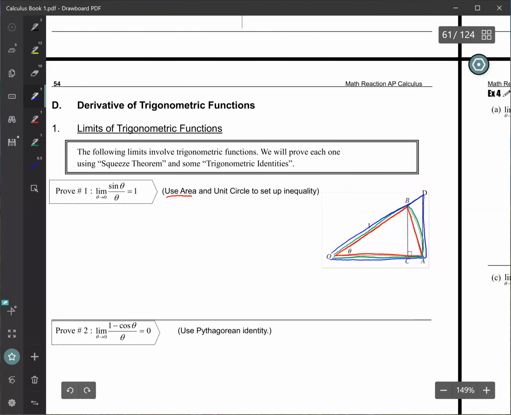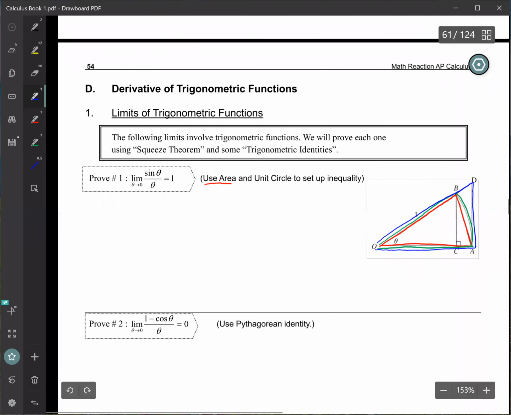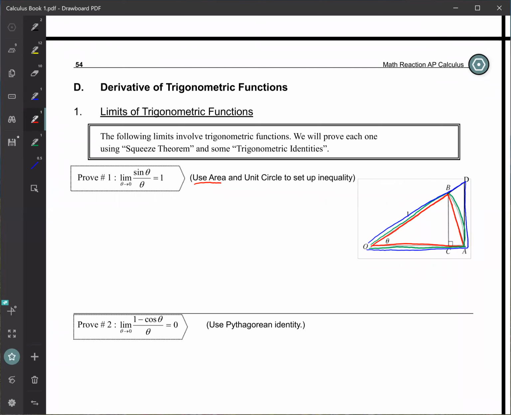So these 3 are different sizes. Of course, apparently the smallest triangle is the red one. So we can draw it out.